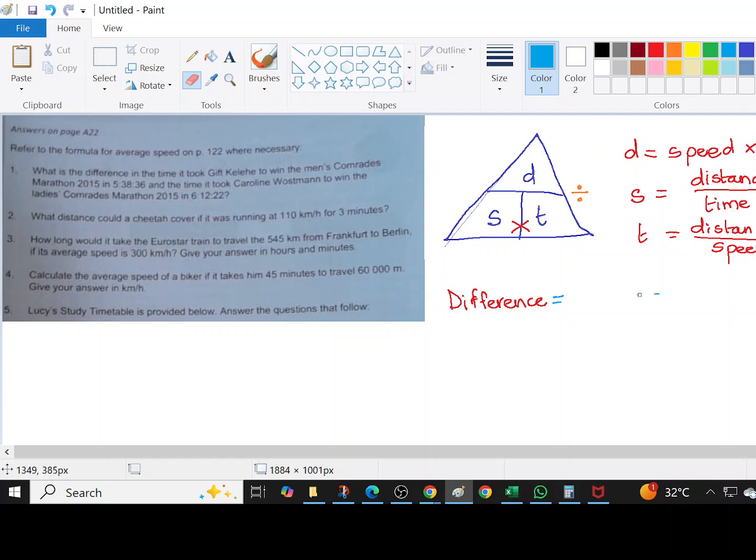Right, so now we're going to subtract the times. They're asking what is the difference in time it took for the marathon. That's 5:38:36, and this is 6:12:22. So we're going to say 6:12:22. Okay, this is for the 2015 race.